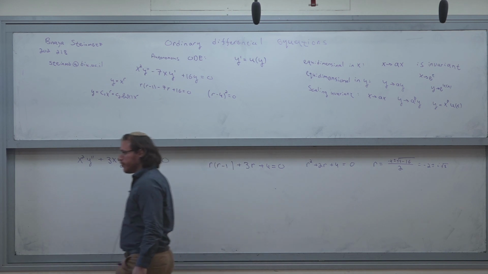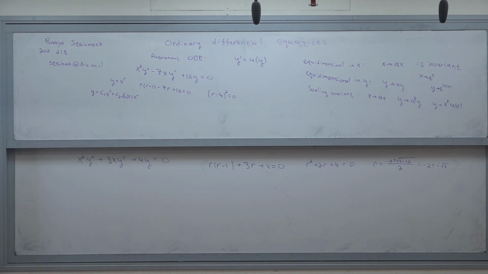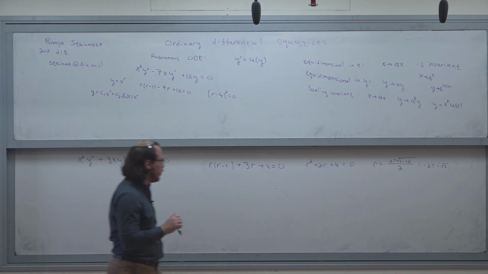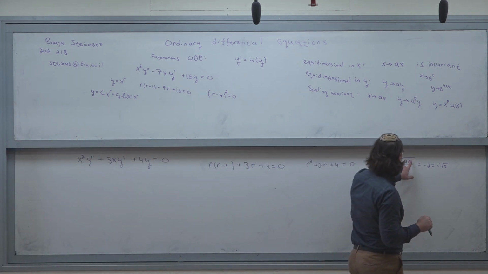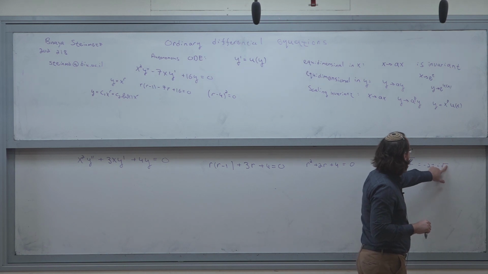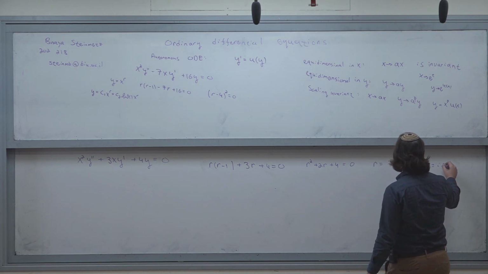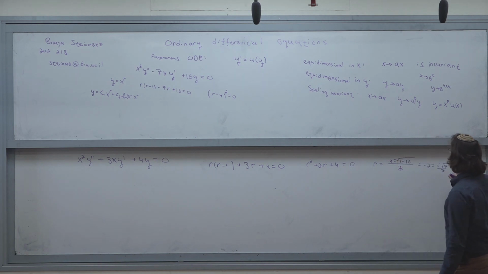Let me just check myself. I did something wrong. What did I do wrong? Root of 12. No. Here? Root of 12 over 2, and then this is root of 3.